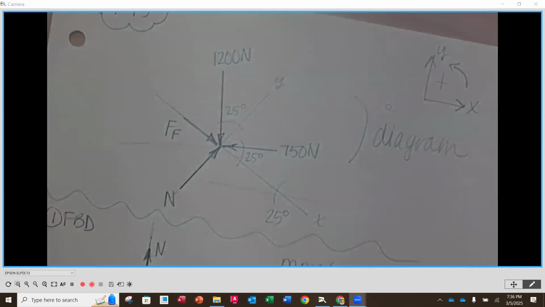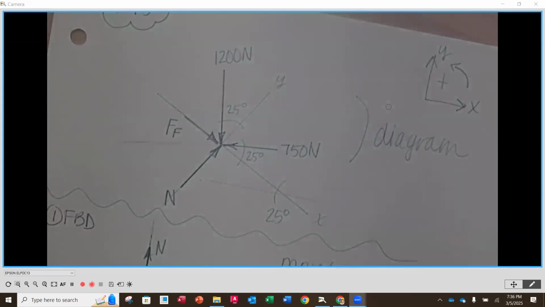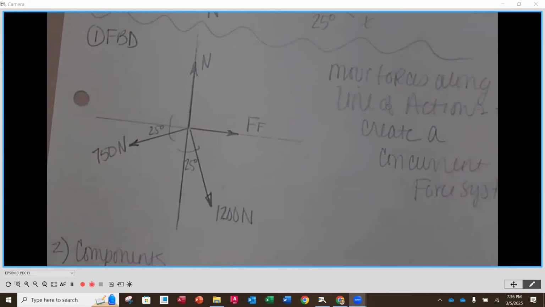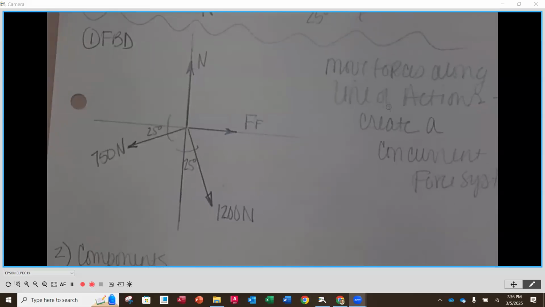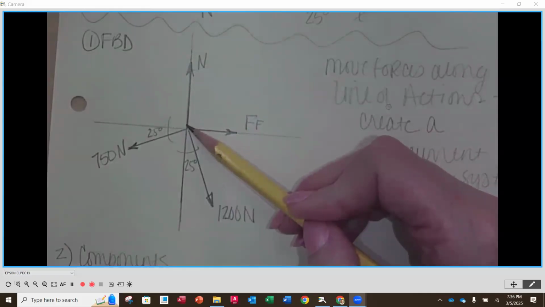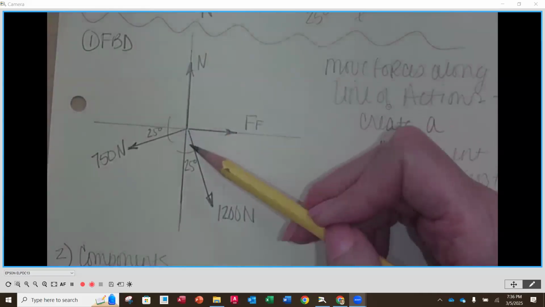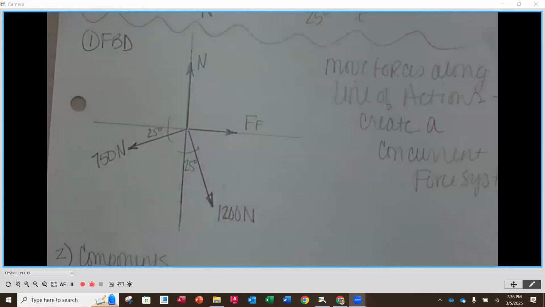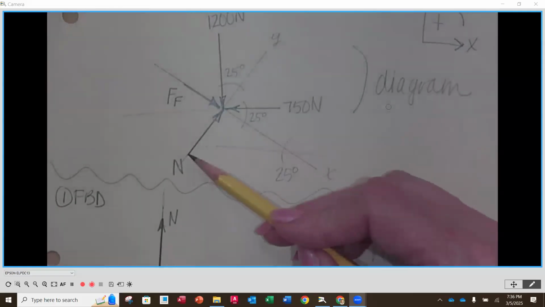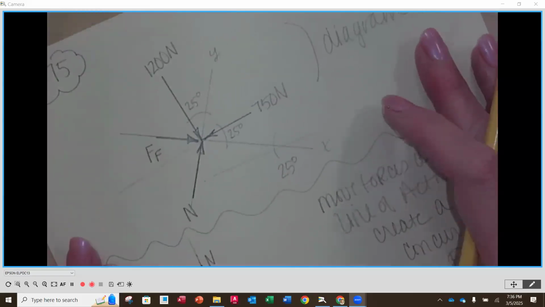And then I'm going to push my forces along their line of action so that we get a diagram that is a concurrent force system, with the arrowheads of each one of the vectors pulling away from that center. So if we look up here, for instance, this normal force is on the y-axis.